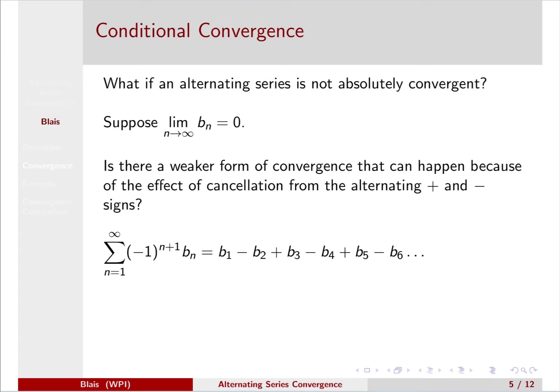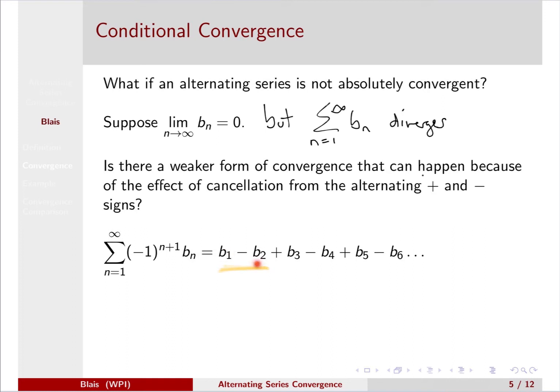But the way to think of it is the limit of b_n goes to zero, but the series sum n equals 1 to infinity of b sub n diverges. So we don't have that absolute convergence. Is there something weaker? And that would come from the idea that we have cancellation.